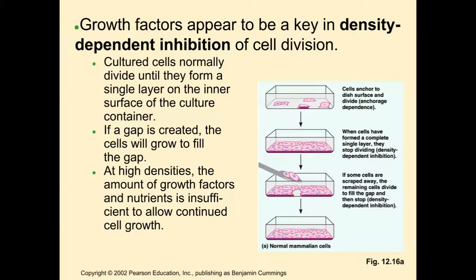And at high densities, the amount of growth factors and nutrients is insufficient to allow continued cell growth. So there's not enough food and not enough growth factors to tell them to keep growing, so they just stop growing. That's pretty good, right? Because you don't want cells to just keep growing. That's bad. That's how cancer starts.